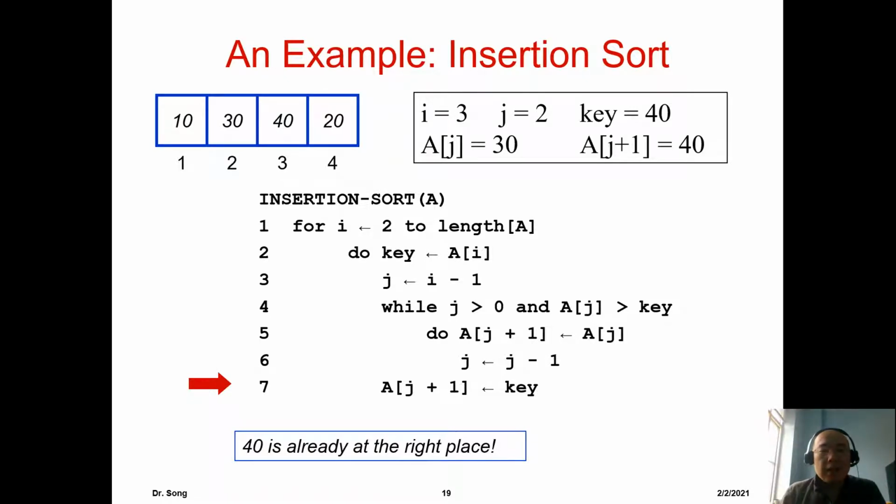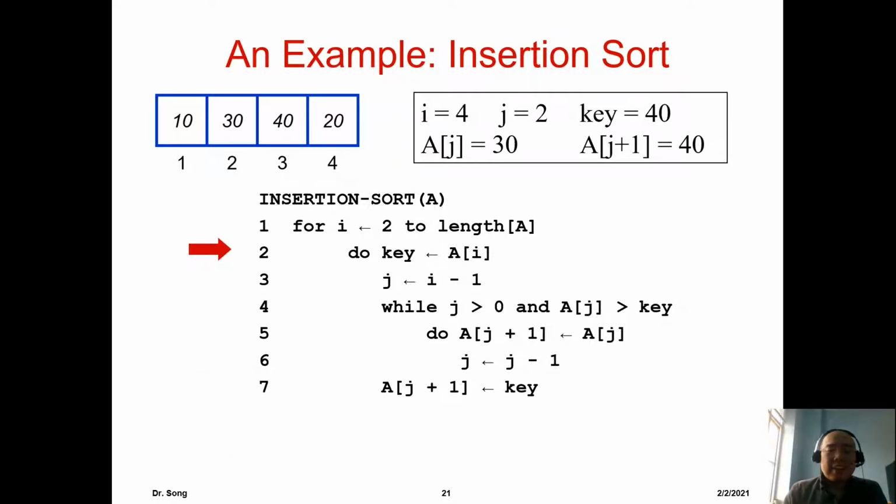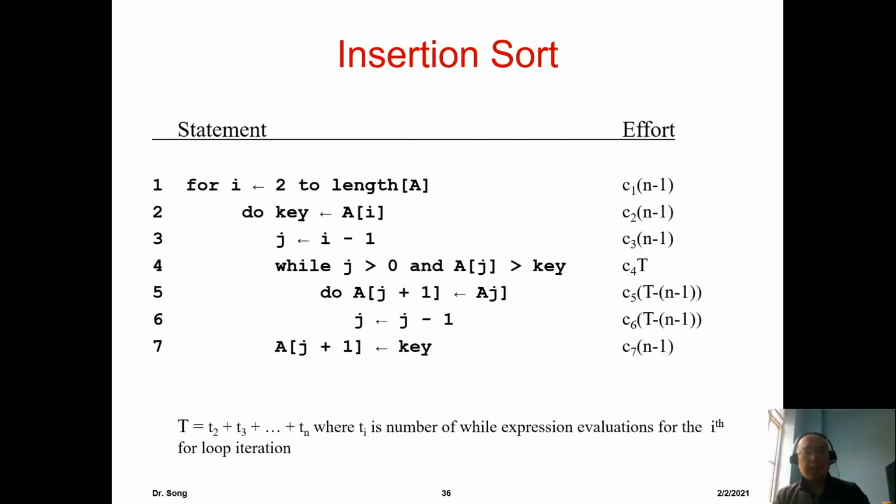In some cases, if the new value to be incorporated into the sorted portion is already in the right place, it doesn't matter, we still do an insertion. Okay, and then eventually we do the 20, and for the 20 we do have to check the condition in line 4, and then we have to shift values to the right side, and eventually we do the insertion. Okay, so this is the process.